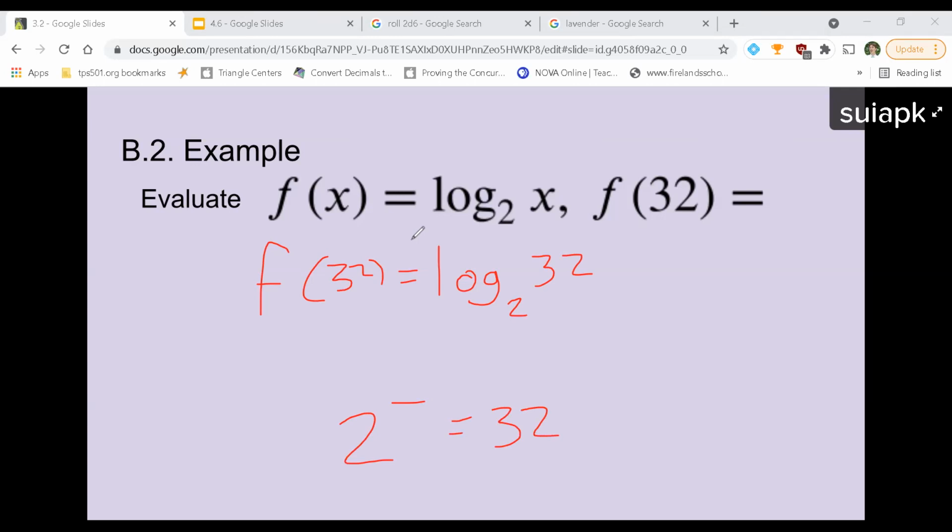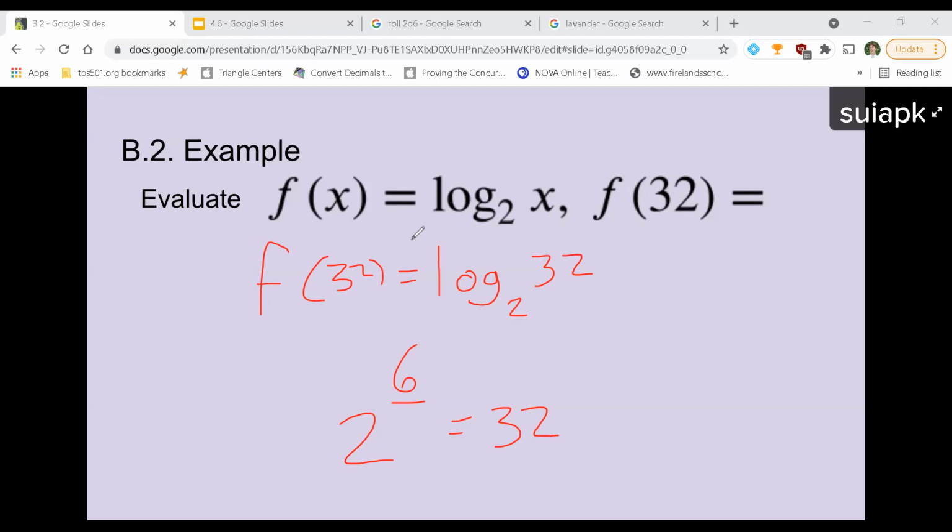How many times do you have to multiply 2 by itself until you get the answer 32? 2 squared is 4, 4 times 2 is 8, 8 times 2 is 16, 16 times 2 is 32.